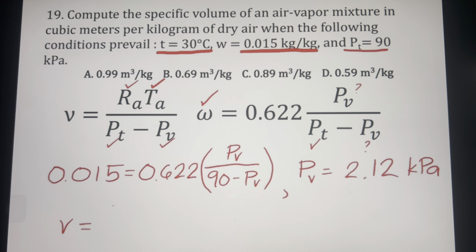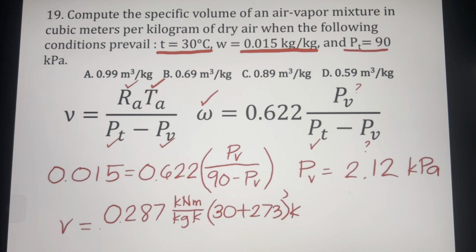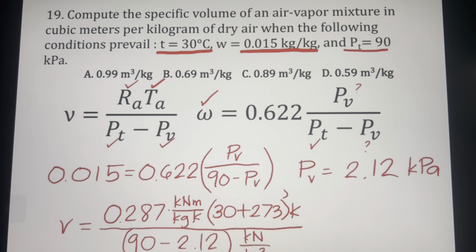So we can now solve our specific volume. Our R is 0.287 kilojoules or kilonewton meter per kilogram Kelvin. That's our temperature, which is 30 degrees Celsius. To make this Kelvin, we must add 273. Divided by PT, which is 90, minus PV, 2.12. That's kilopascal or kilonewton per square meter.